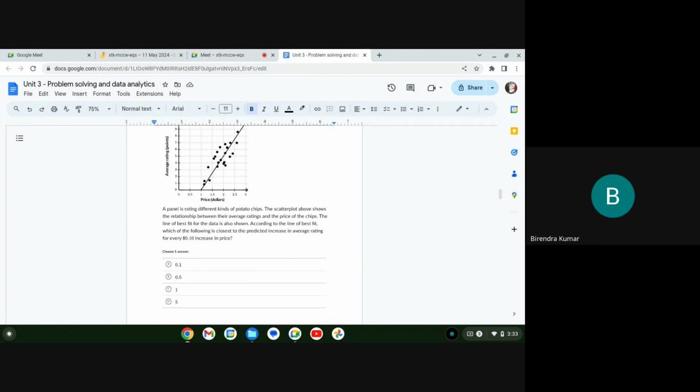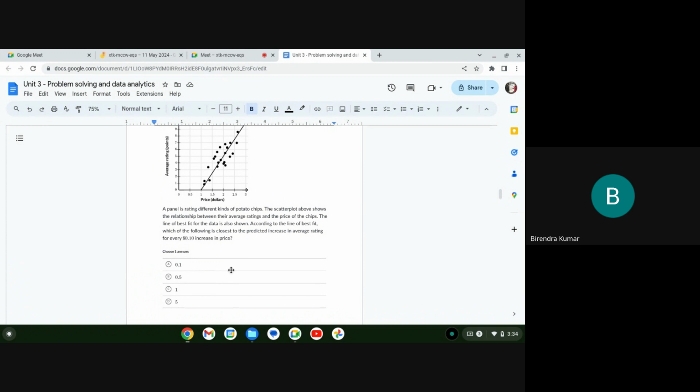Do you think the last line is making any sense so far? No. I will read it one more time. According to the line of best fit, which of the following is closest? Whatever we see following, right? 0.1, 0.5, 1, 5, whatever.